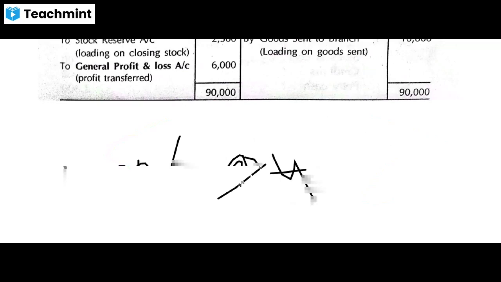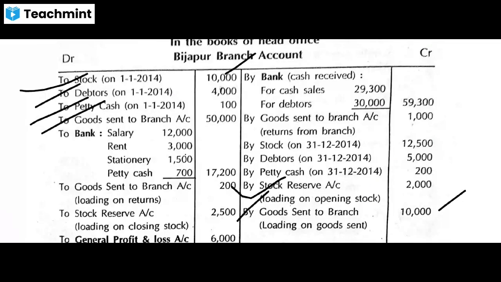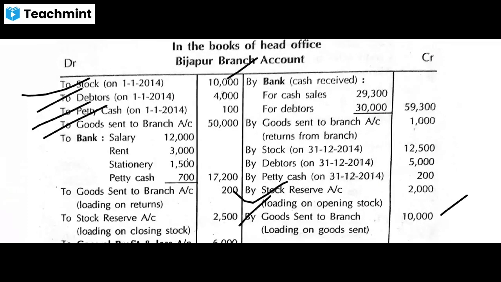Over. Now in the debit side, in the items of closing stock and goods returned by branch, on the basis of these two items, we have to calculate the loadings. So here, goods returned by branch is 1,000, which is given on the basis of invoice prices.